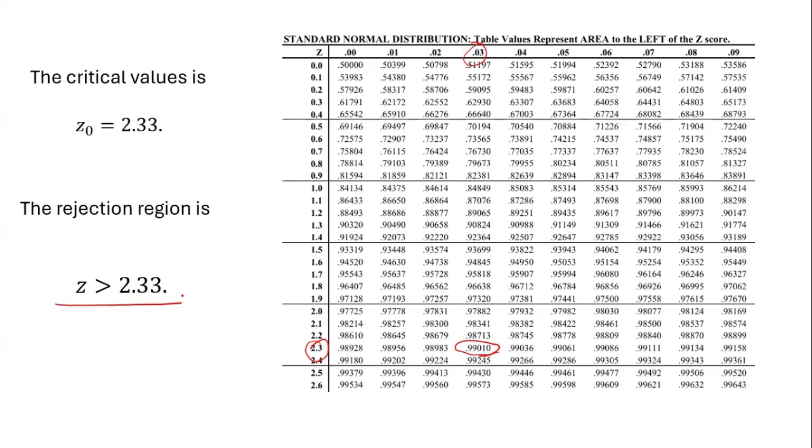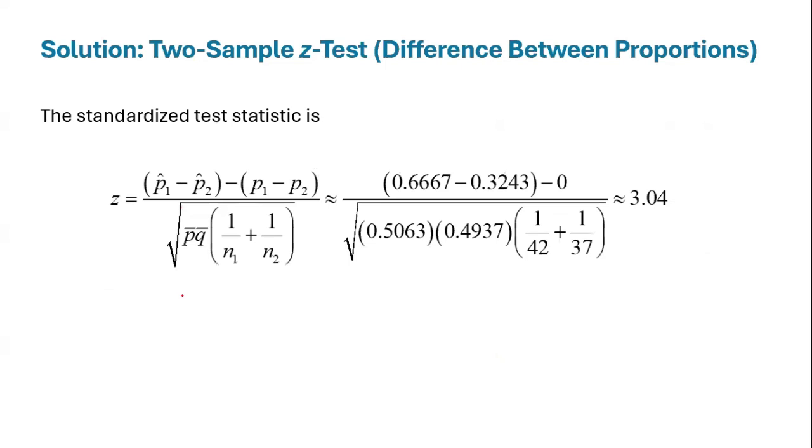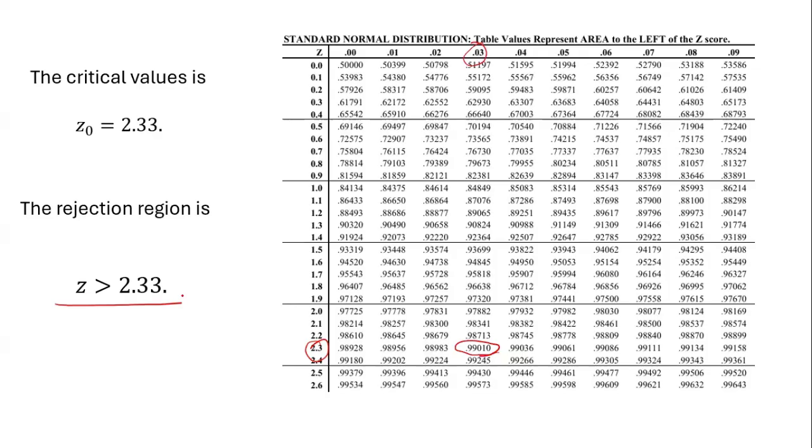After finding the critical value, now it's time to write the formula and find the test statistic. And after finding the test statistic, we see that the z value is 3.04, which is more than 2.33. If the test statistic is more than 2.33, that means it's in the rejection region.